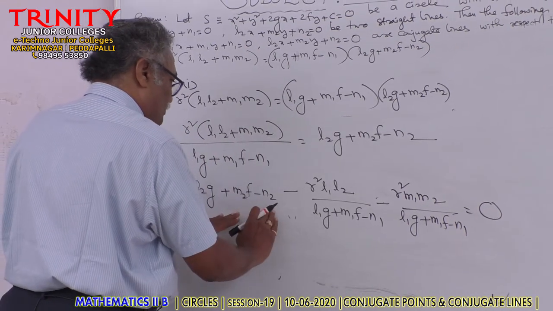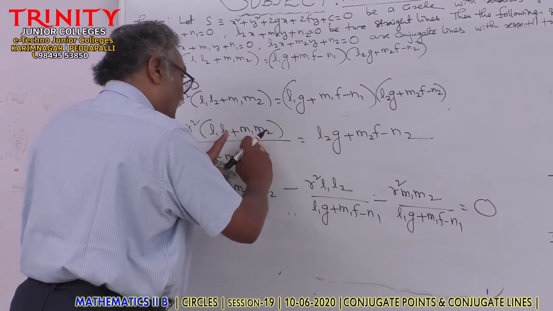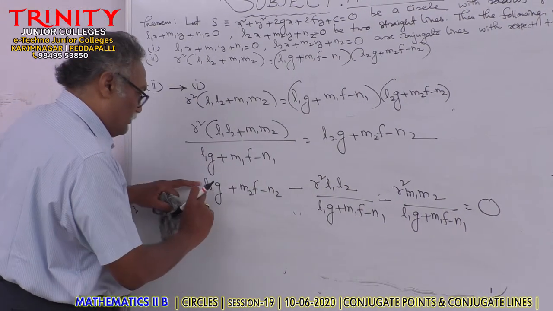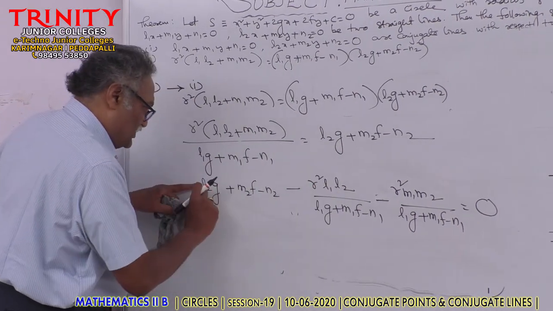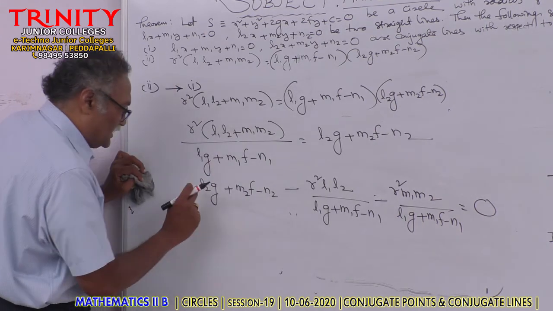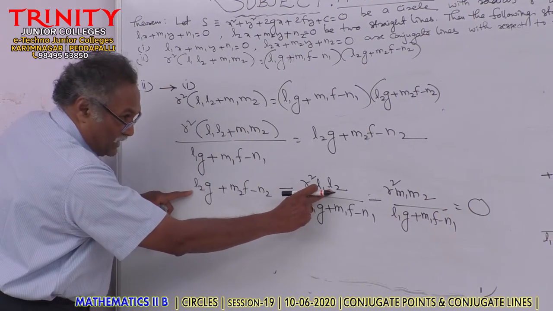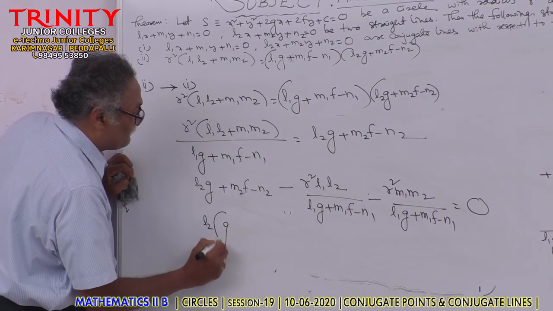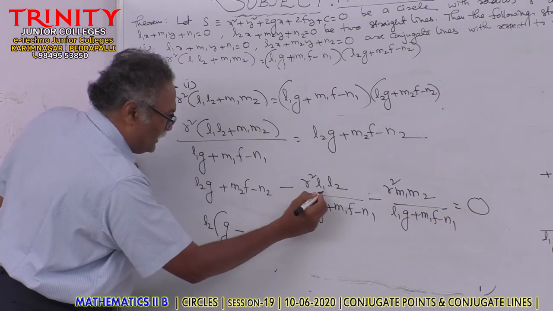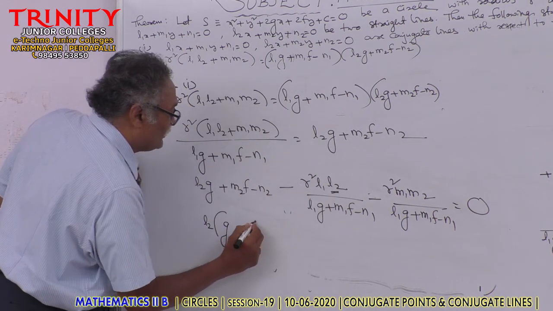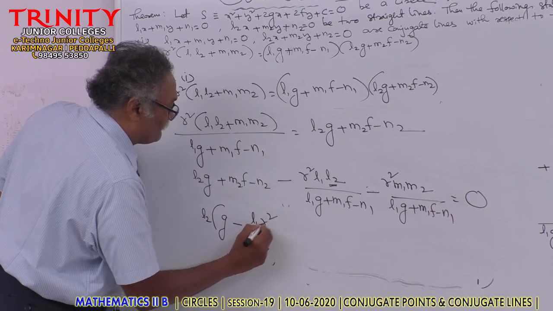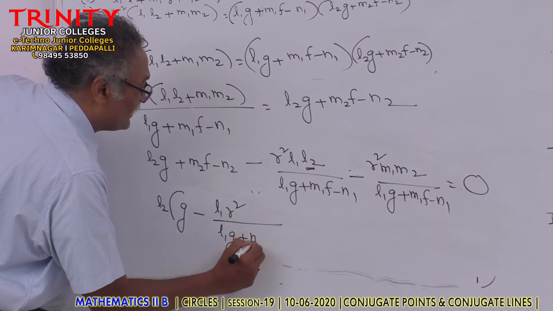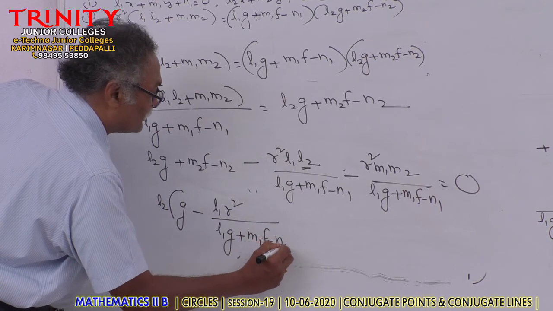Write L2g plus M2f minus N2 here and split it. Now from these two terms, L2 is common: L2 into g minus L1 R square by L1g plus M1f minus N1.